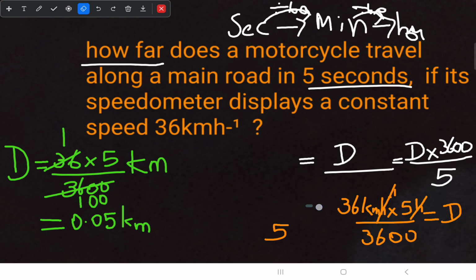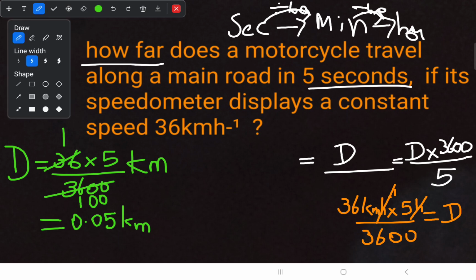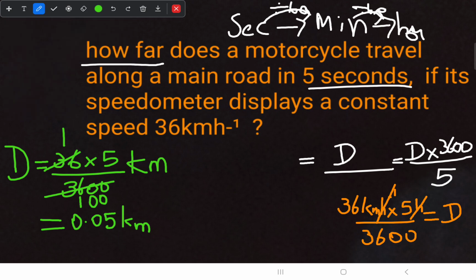Otherwise, if the question is asking you to find the answer in meters, you have to multiply this by 1000. If you want to keep your answer in kilometers, that's totally fine. Otherwise, if you want to convert your answer to meters, it should be multiplied by 1000 meters upon 1 kilometer.